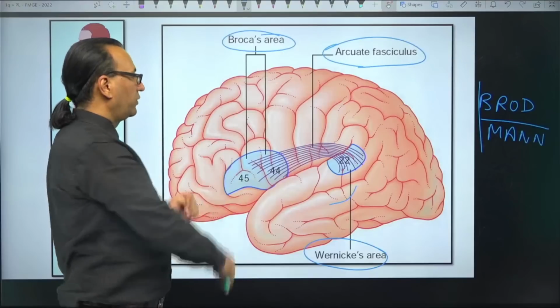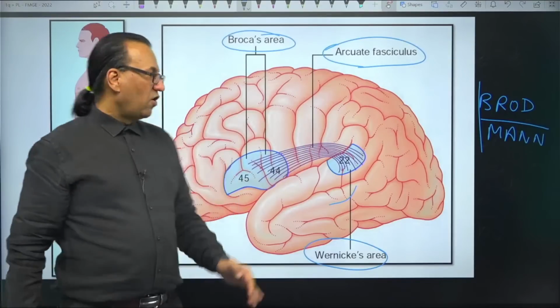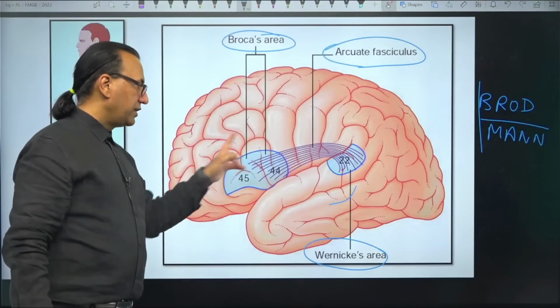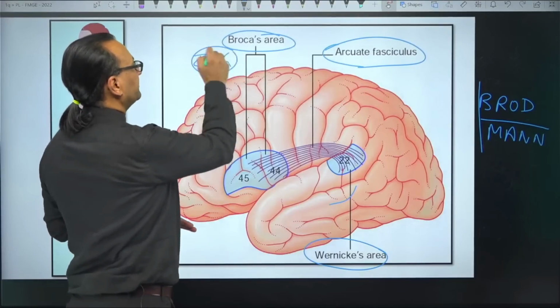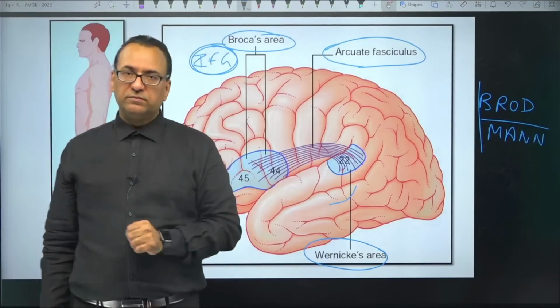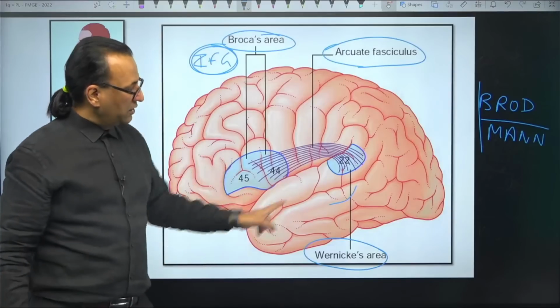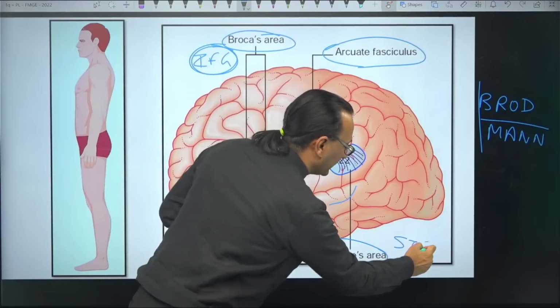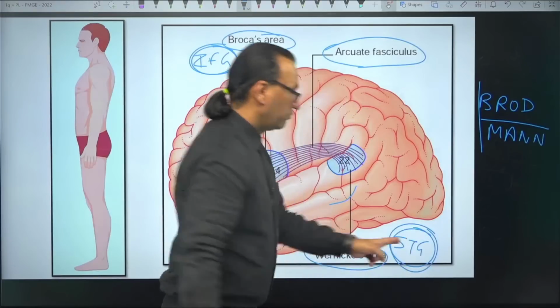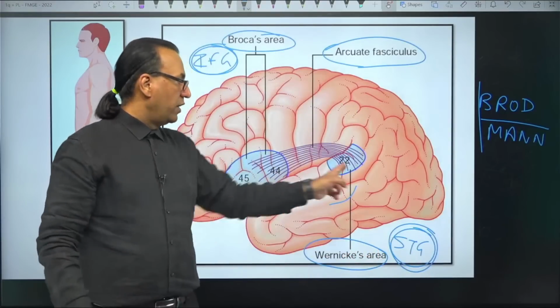But where on the frontal lobe? On the inferior frontal gyrus. So Broca's area is the inferior frontal gyrus, and Wernicke's area is the superior temporal gyrus, but more posterior, not anterior.